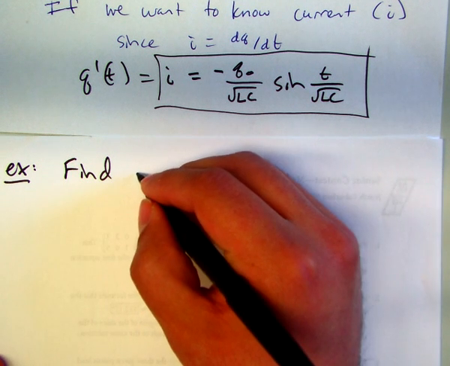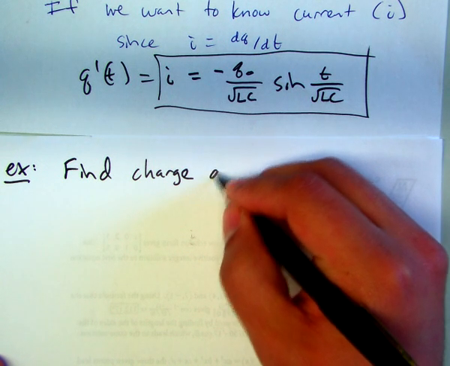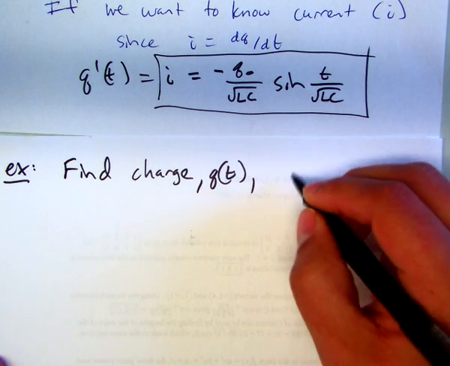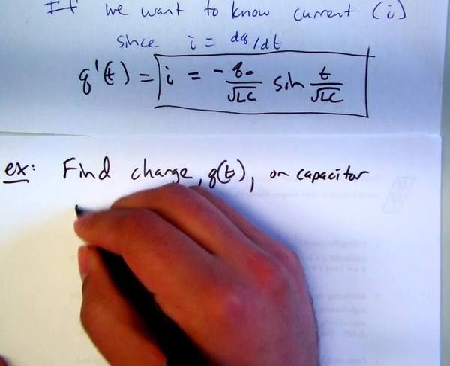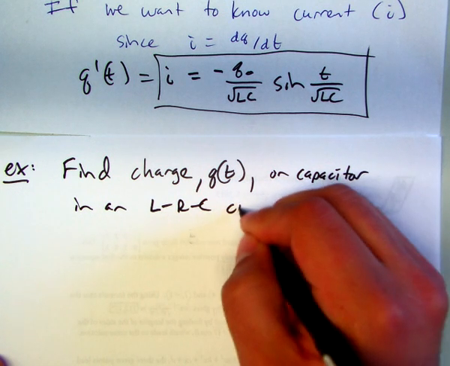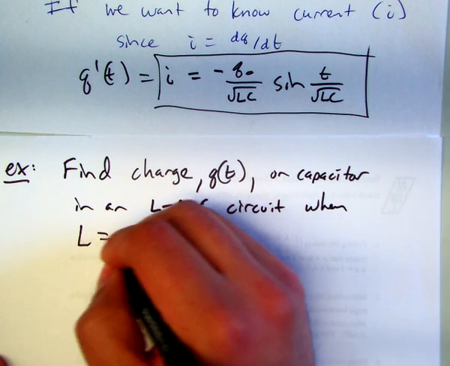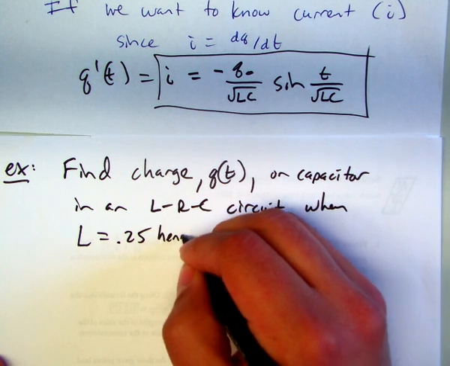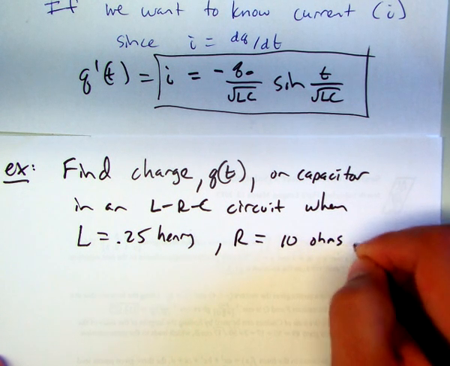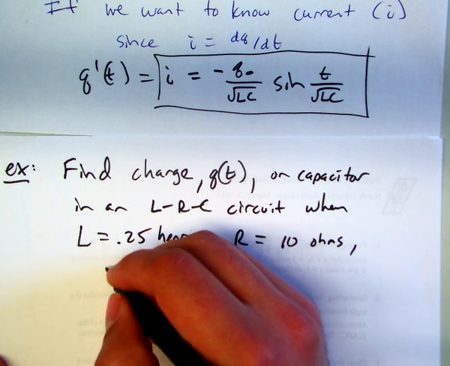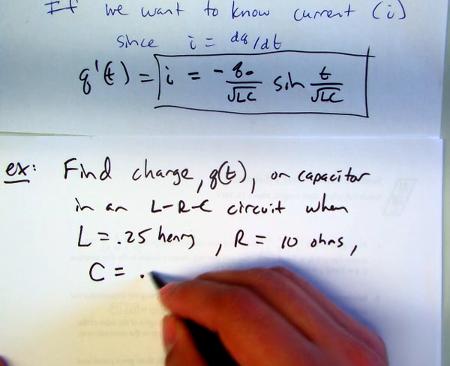All right, so let's say we want to find the charge, which again is Q of t, on the capacitor in an LRC circuit when inductance is 0.25 henries, resistance is 10 ohms, and capacitance is 0.001.